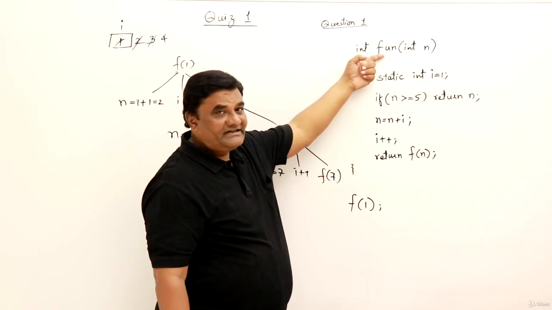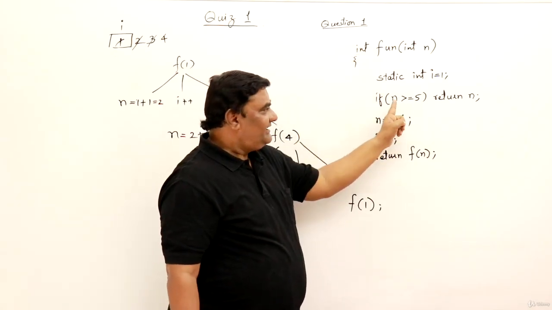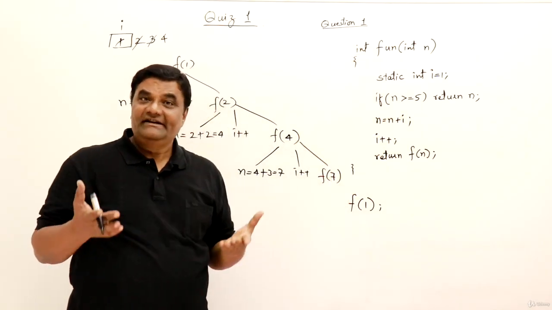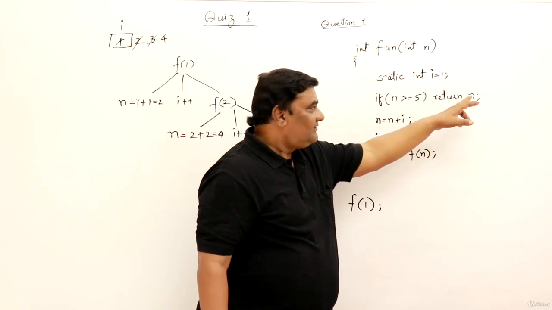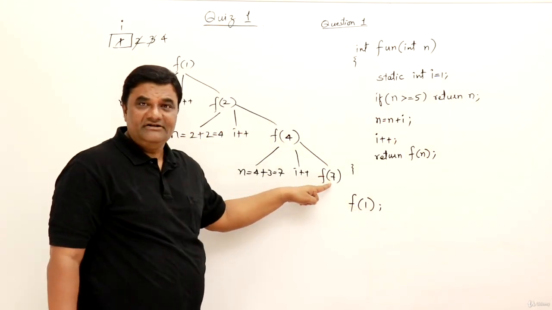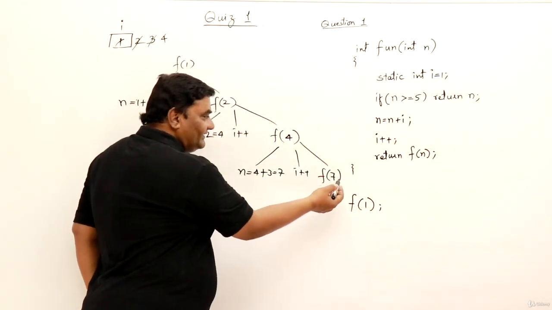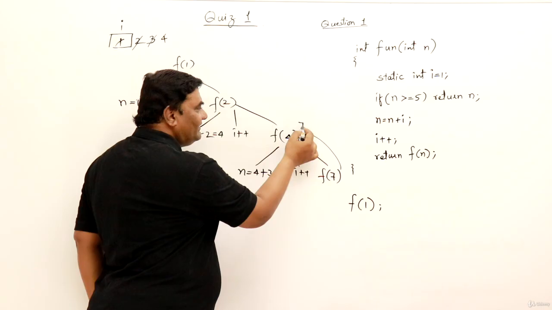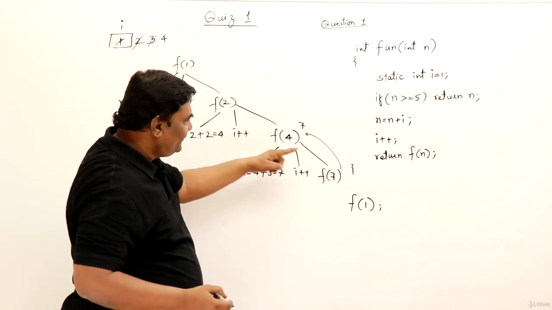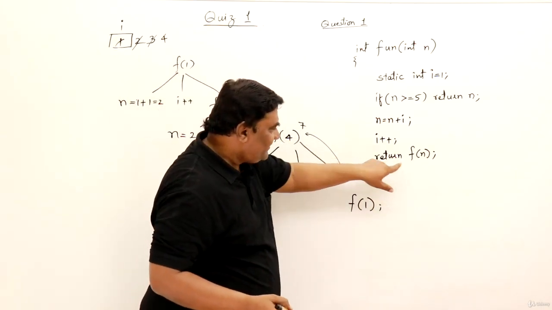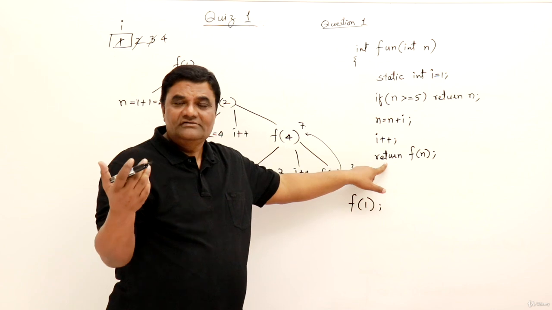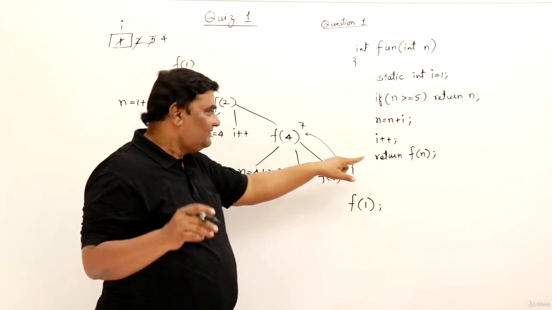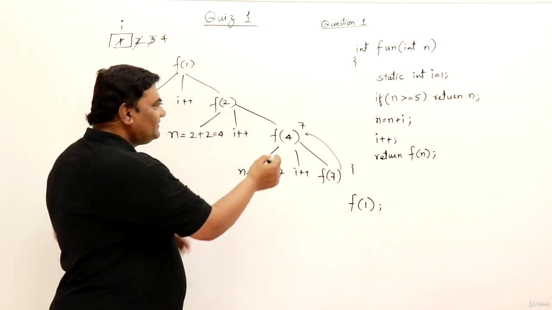Now it comes here with 7. Is 7 greater than or equal to 5? Yes, it is greater. So return n. What is n? 7. So 7 is returned here. Then in this statement, what is written? Return. Whatever result is obtained is returned. So 7 is returned from here also.